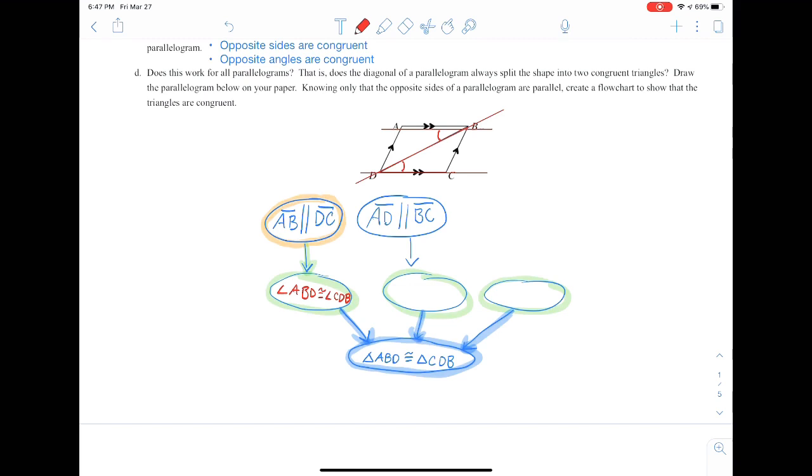Now you do the next one. If side AD is parallel to side BC, then what?